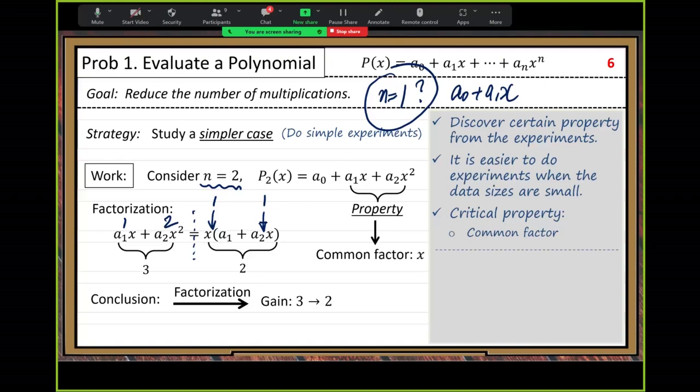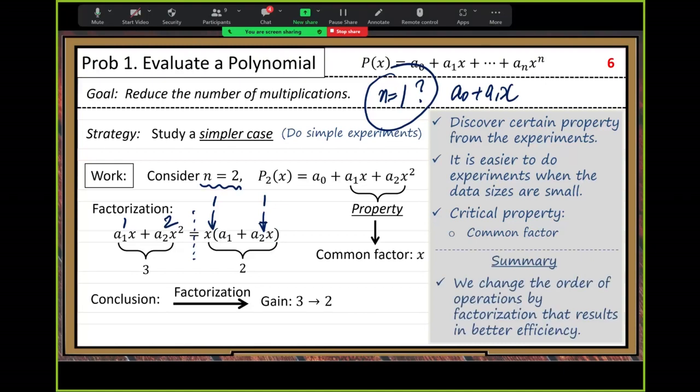So the summary: we change the order. After you do the factorization, you change the order in which you apply additions and multiplications, right? The order you use is different from the order you used without factorization.